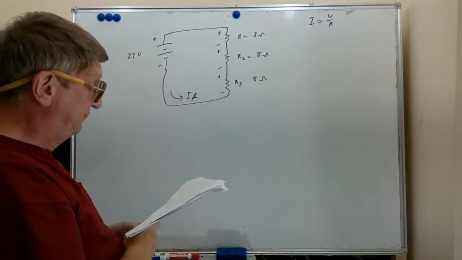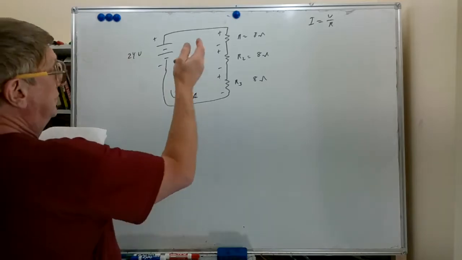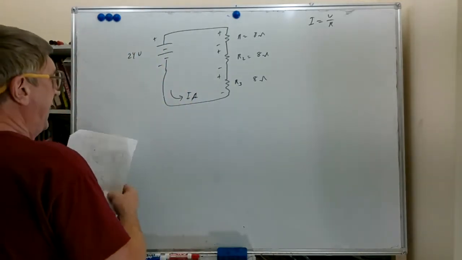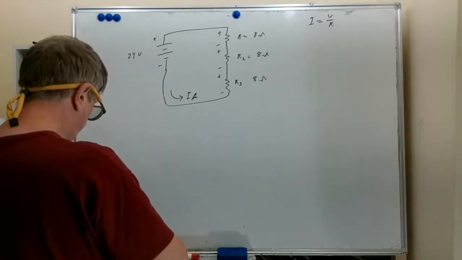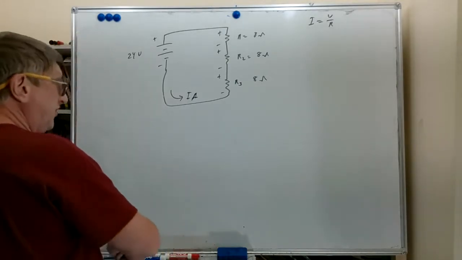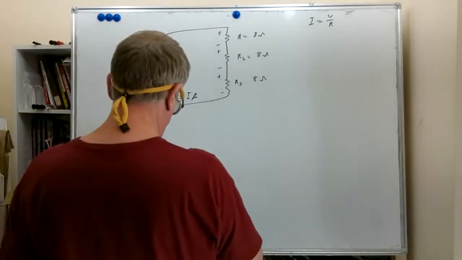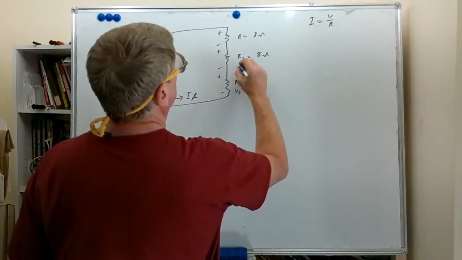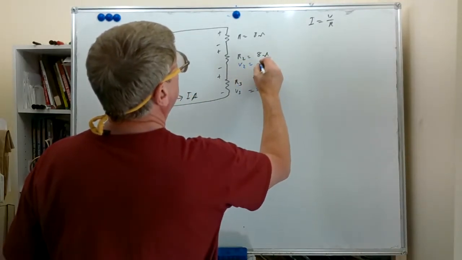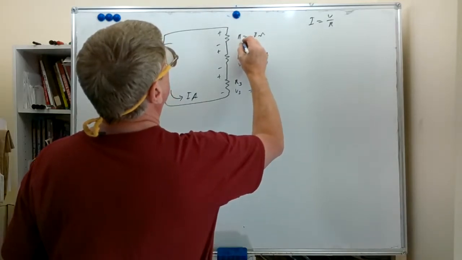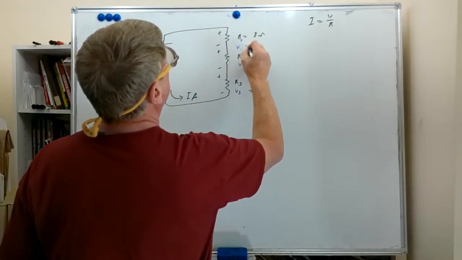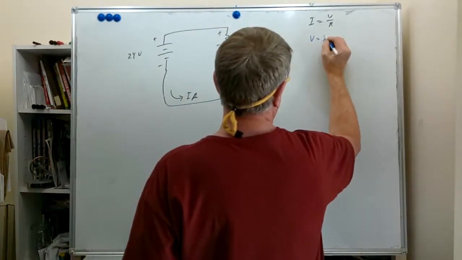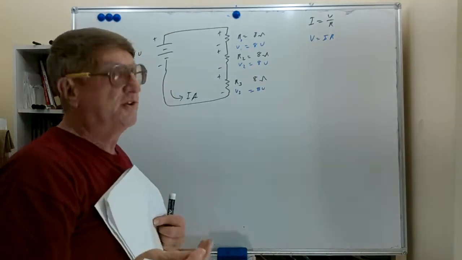So here we have current flowing through the circuit, 1 amp. Each of these is an 8 ohm resistor, so V3 equals 8 volts, V2 equals 8 volts, and this is R1, V1 equals 8 volts. That's from voltage equals I times R, our very common voltage drop formula.